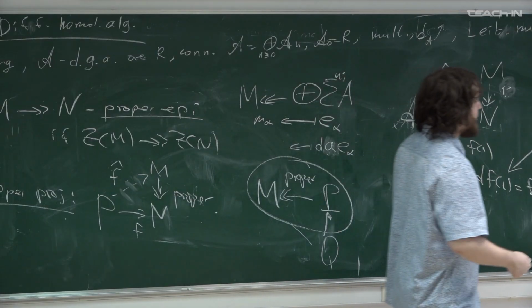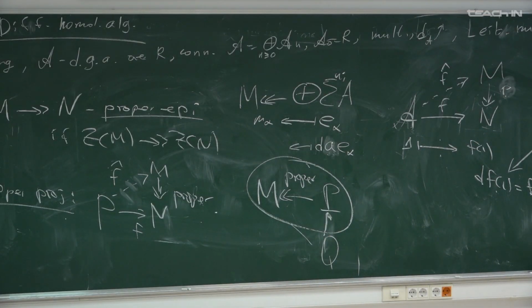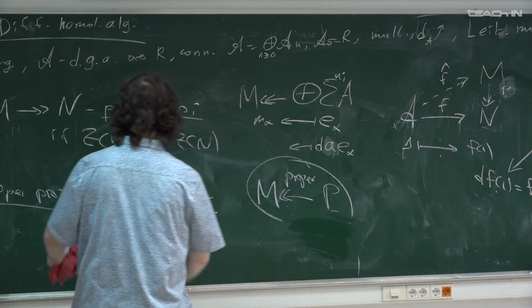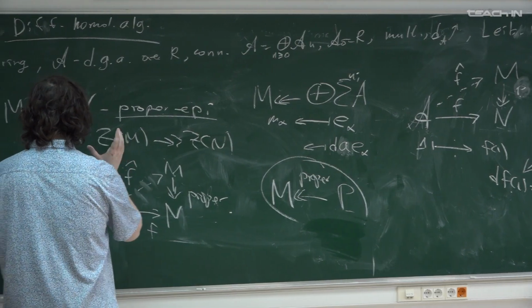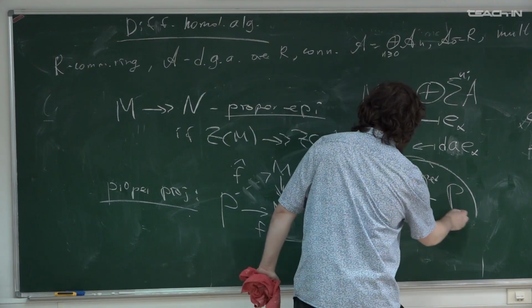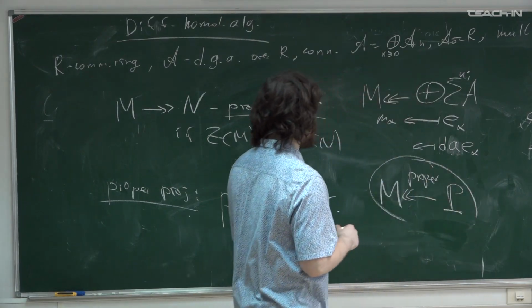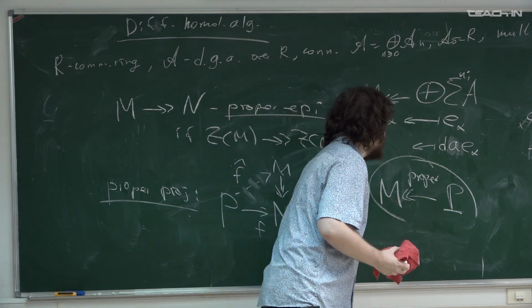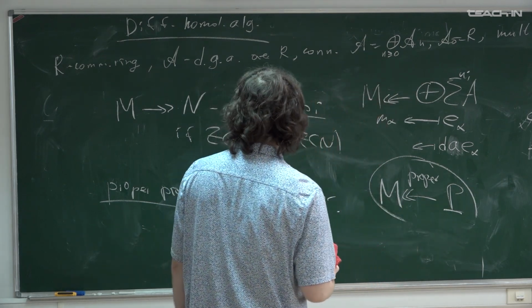Then all my proofs work that a resolution is unique up to homotopy, and so I can define, for example, derived functors. So I have my class of epimorphisms, and I need to check that for any module there exists a proper epimorphism from a proper projective module, which has the lifting property for this class of epimorphisms.